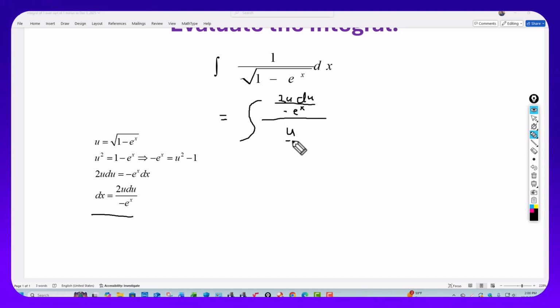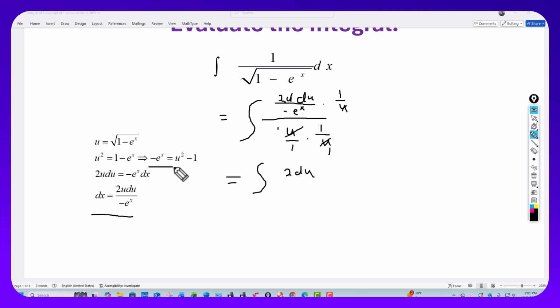You can look at this as u over 1. So we go ahead and simplify. Multiply by 1 over u, numerator and denominator. These divide out, and up here, this u and this u divide out. So we get 2 du over minus e to the x.